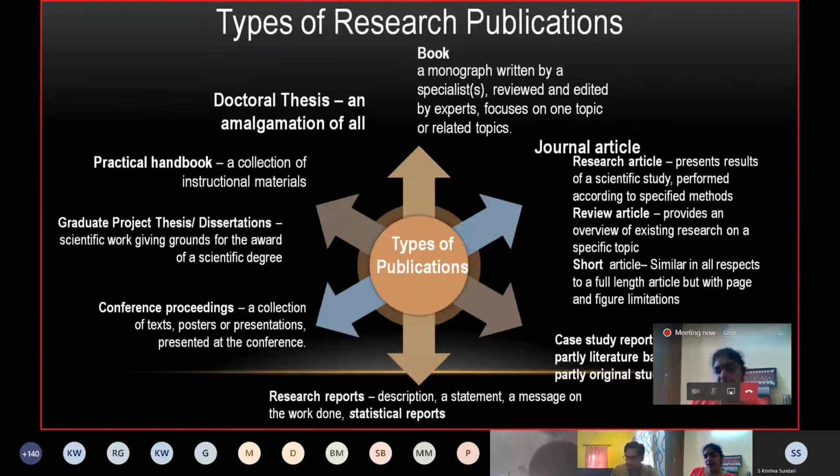But a review article is a collation of information that is already in the scientific domain, and you are sourcing in multiple types of information.